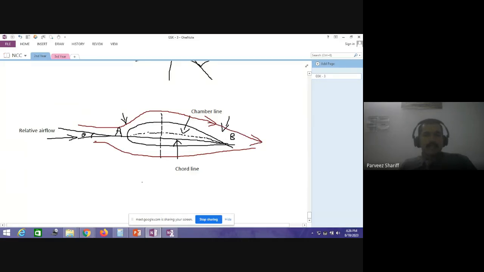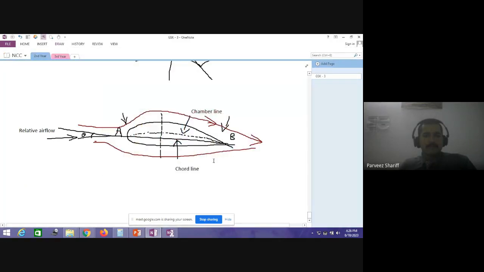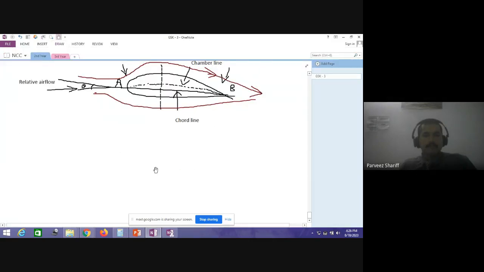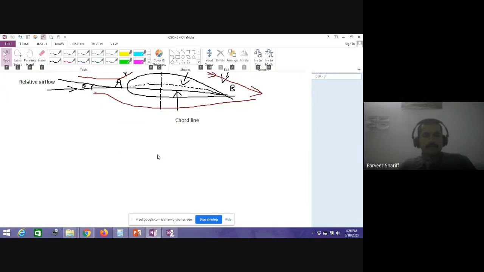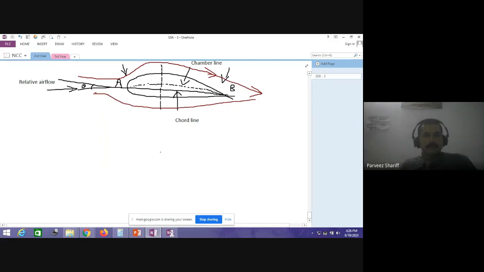If this angle of attack is increased too much, what will happen? Let me write this.